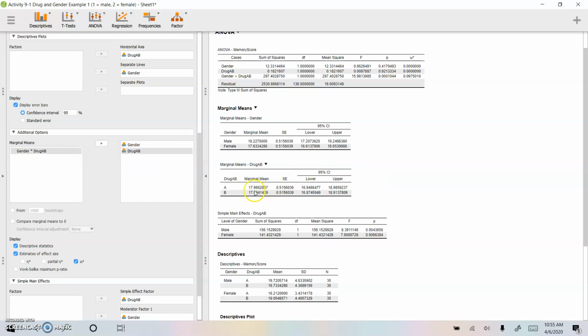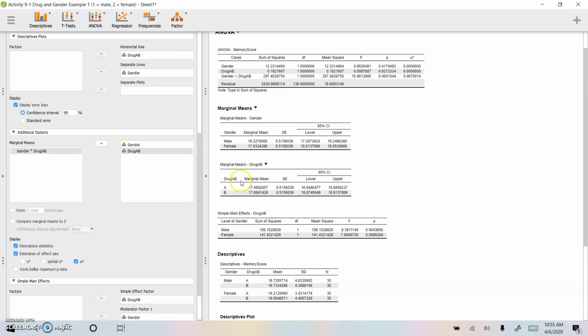And now we're comparing the mean of 17.97 and 17.89. And the P for that main effect of drug A versus B is 0.92. So very likely to be just due to sampling error.